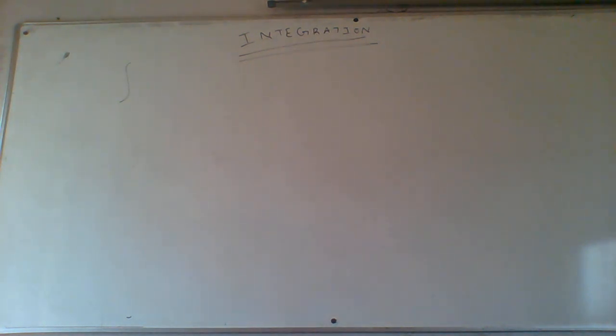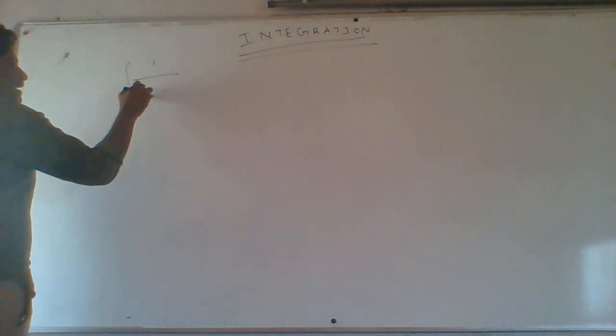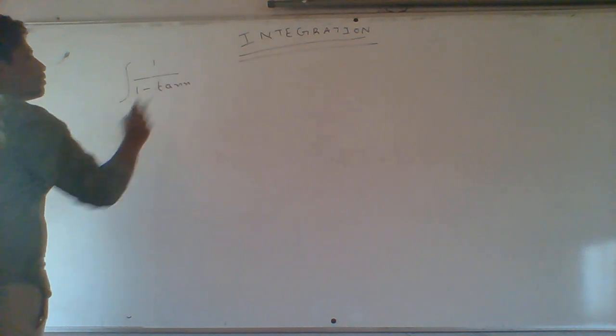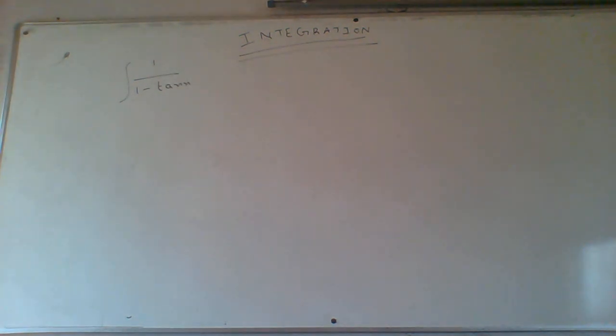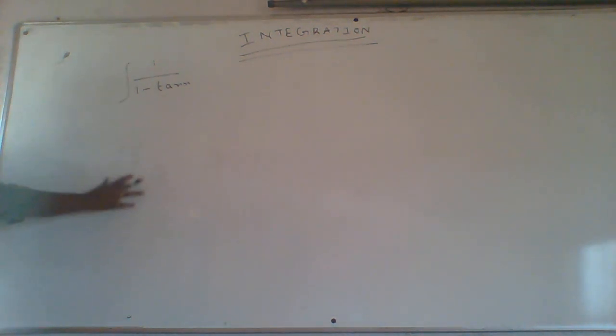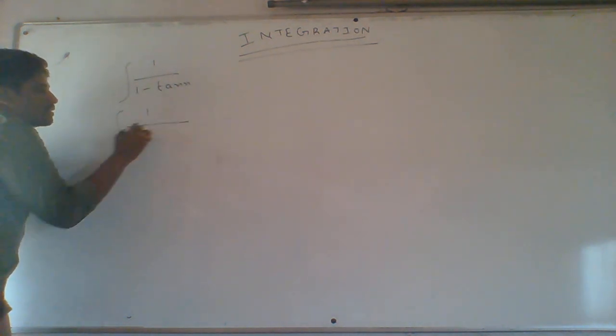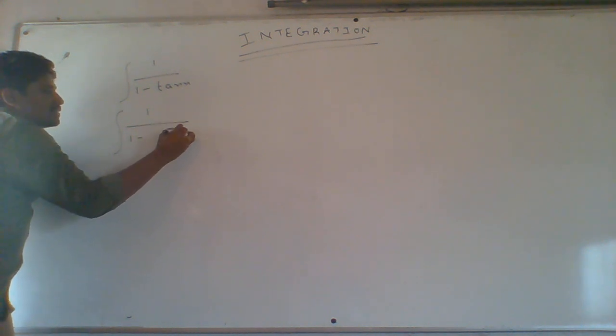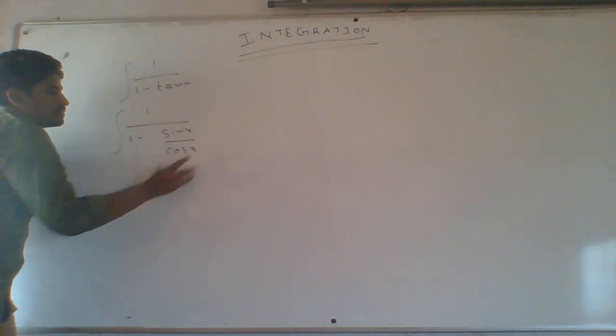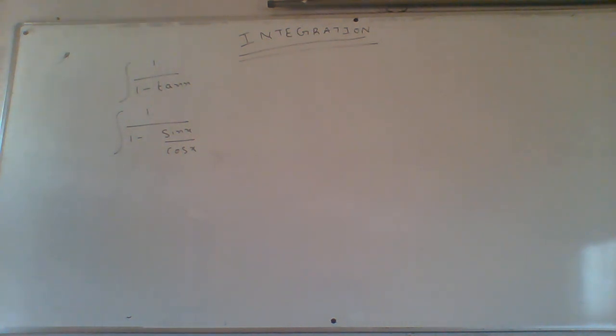Don't get confused. Integral of 1 by 1 minus tan x. We keep it trigonometrically, we will solve that, and after that we will think what we have to do for easy solving of integration. See here, in the place of tan we can write sin by cos. 1 minus sin x by cos x.